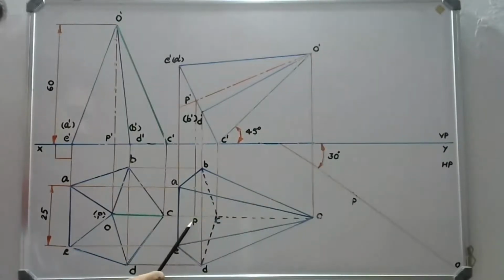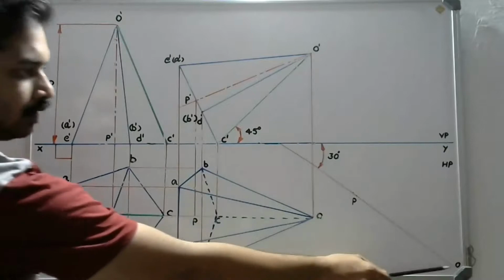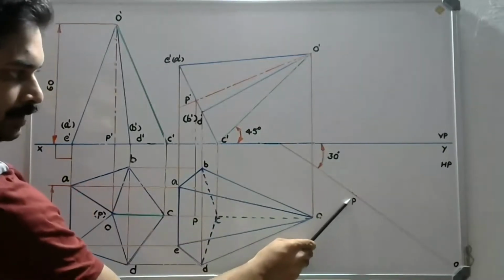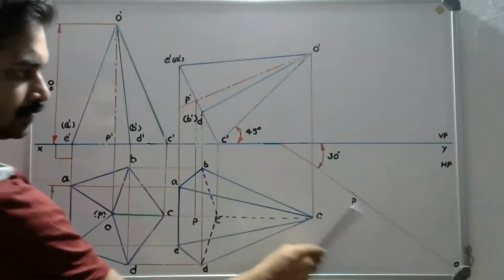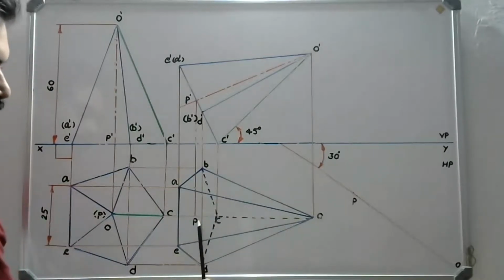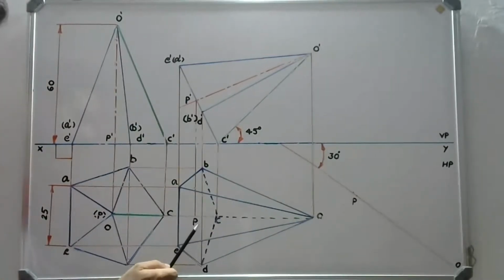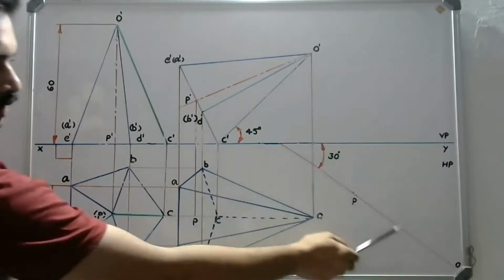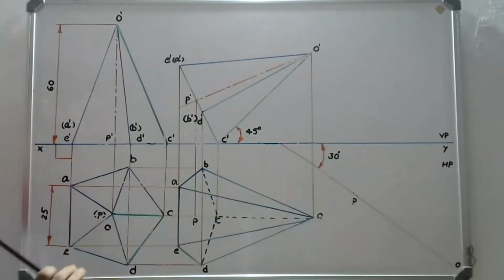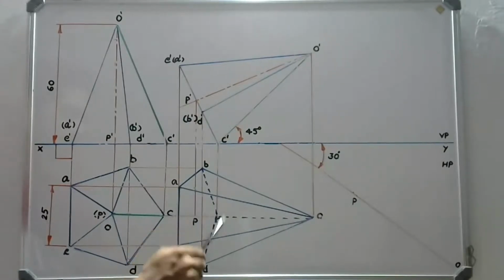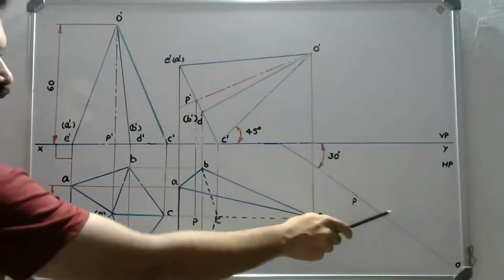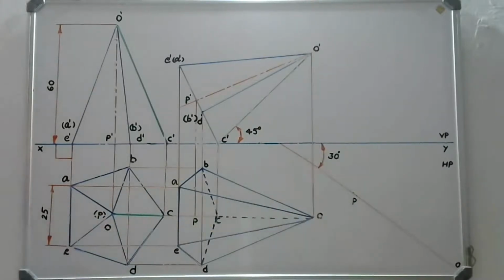On that we fixed PO, apex and base. The distance of PO is the same as from the second top view. This distance is measured from the second top view. Then mark it on the 30 degree inclined line. Based on this, we are recreating the appearance of the second top view for the third top view.